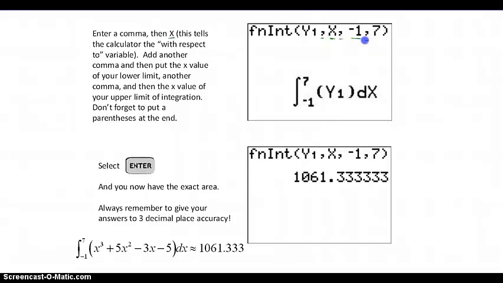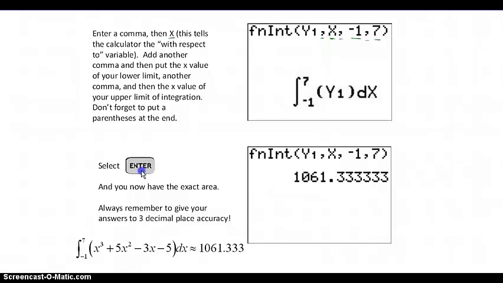Again, another comma, and then your upper limit of integration, and make sure you put a closed parentheses at the end. So you're telling your calculator, evaluate the definite integral of the function that I entered into y1 with respect to x, and integrate it from -1 to 7.